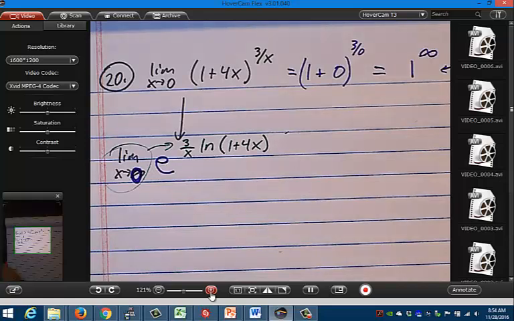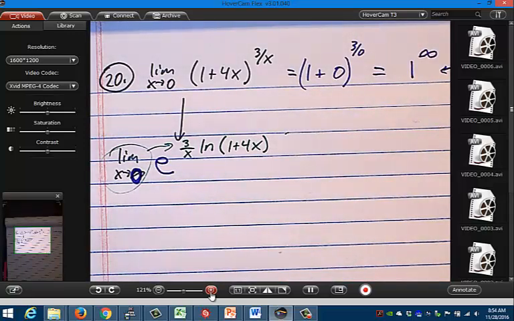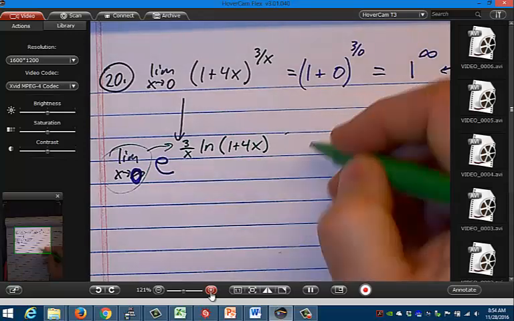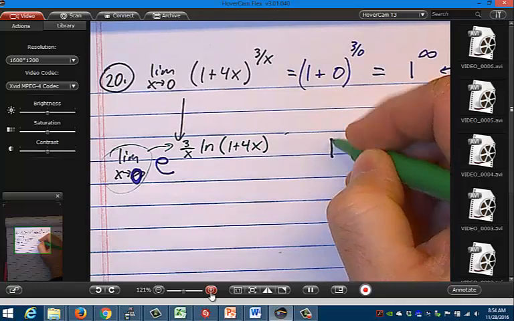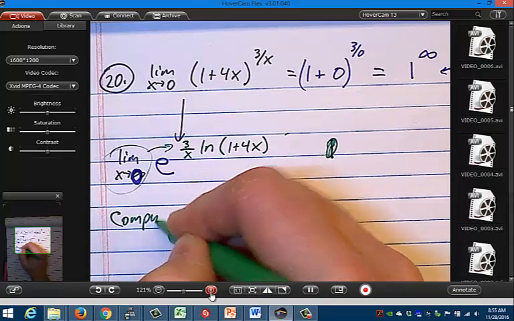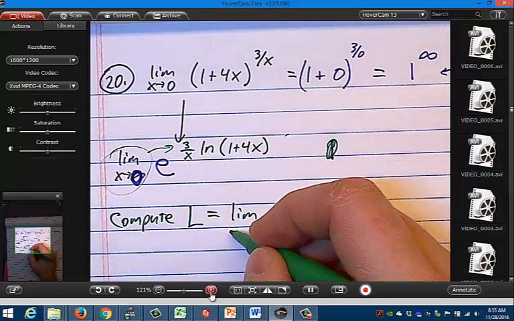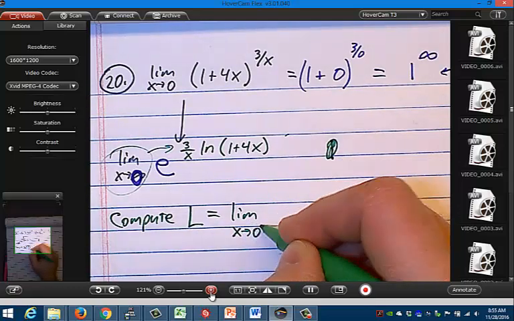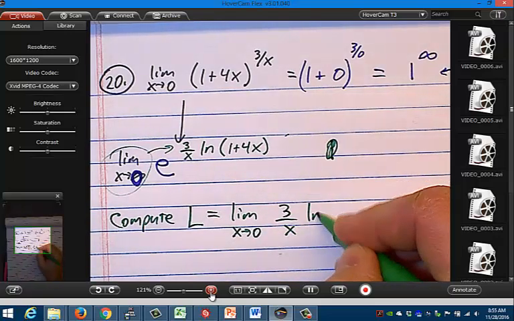So again, let's look at what I have here. I want to just compute the limit of the exponent. Let me give you the idea. I'm going to compute L equals the limit as x approaches 0 of the exponent, 3 over x times the natural log of 1 plus 4x, okay?